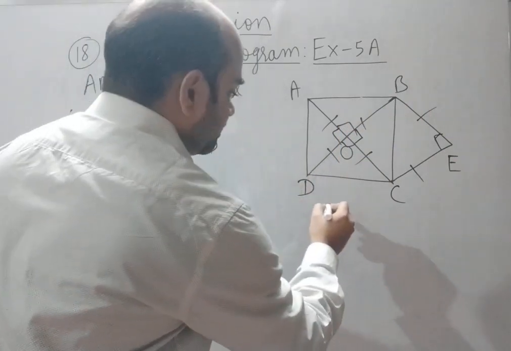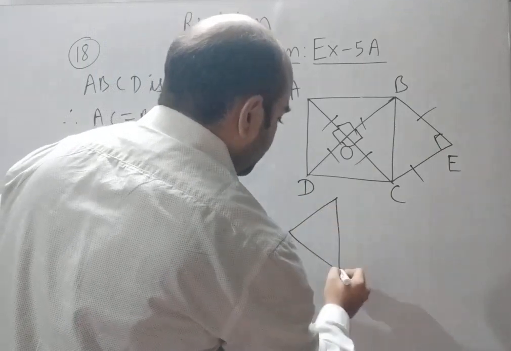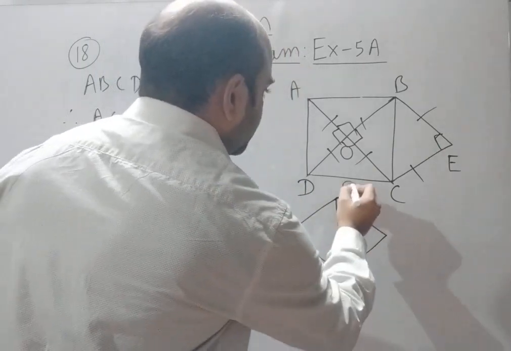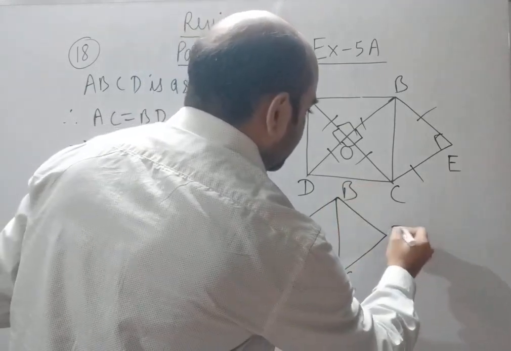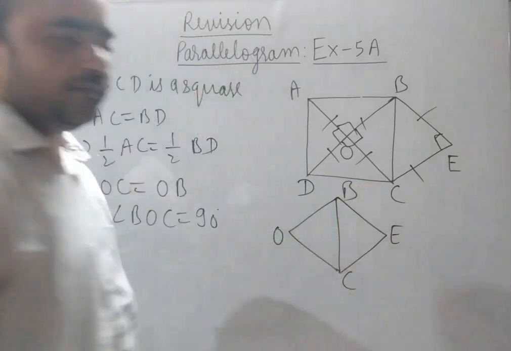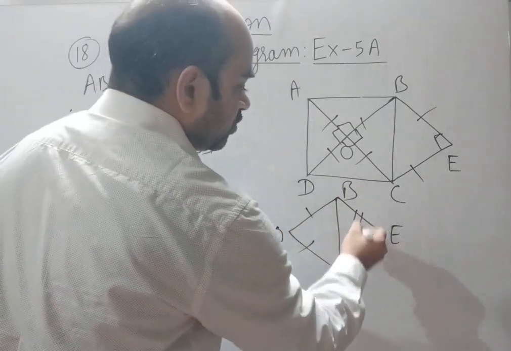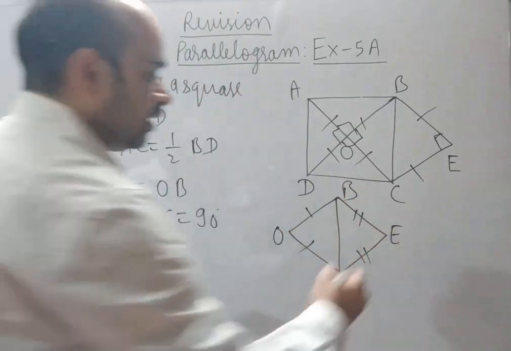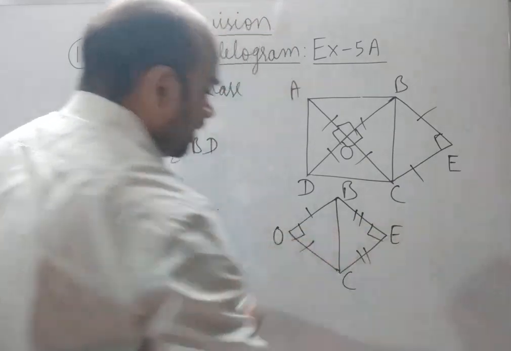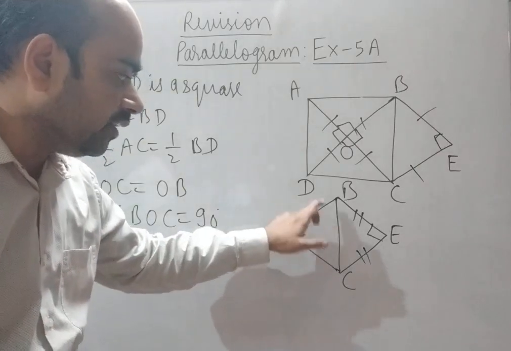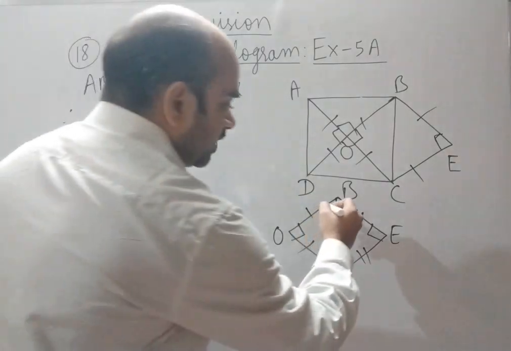So in this diagram, see here, this triangle and this triangle. This is B, this is C, this is E, and this is O. Here what we have proved, these two are equal, and already these two are equal, given in the question. This angle is 90, this angle is 90, already given, correct? Again we are using the property: if in a triangle two sides are equal, opposite angles will be equal.